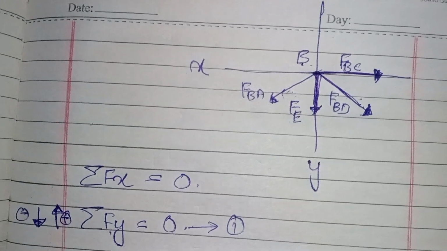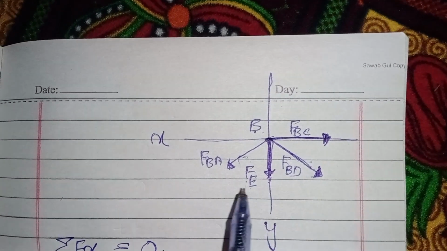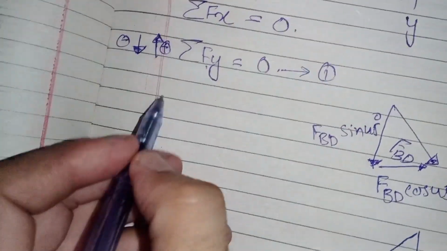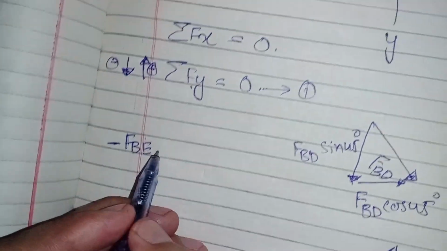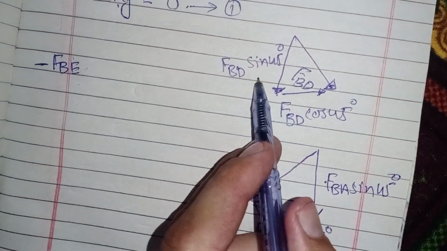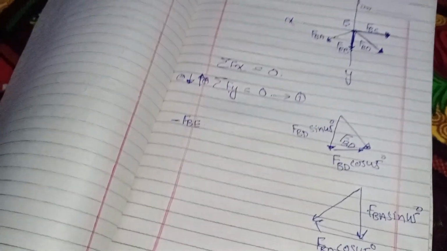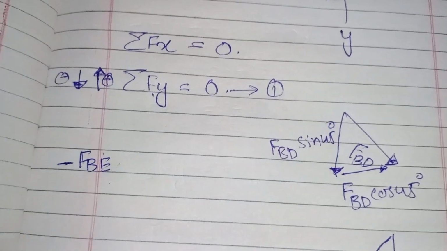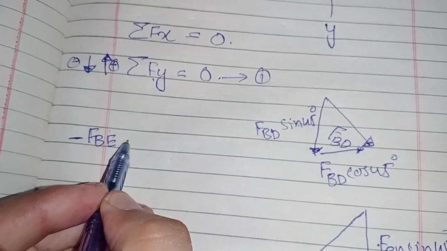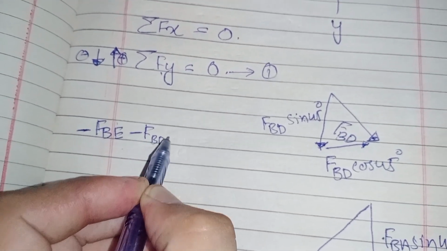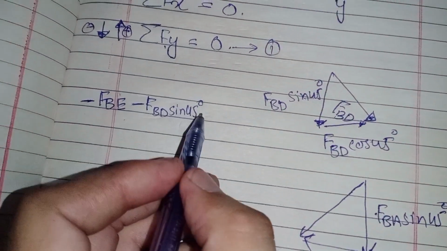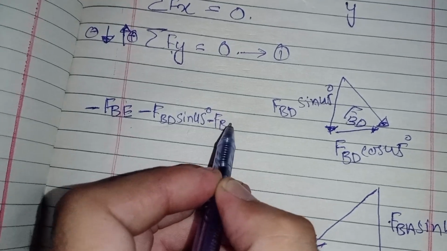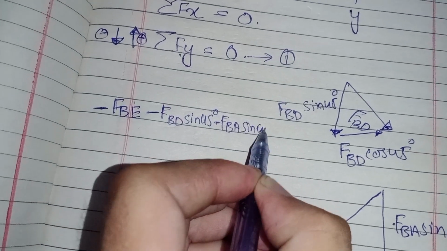So first vertical force is F_EB or F_BE. Negative F_BE, and this is also negative F_BD sin 45, and negative F_BA sin 45 equal to 0.